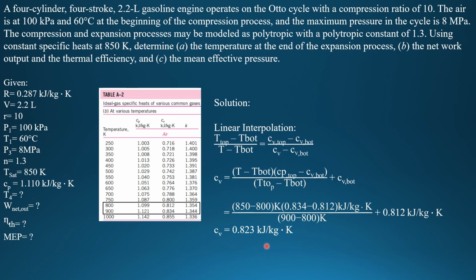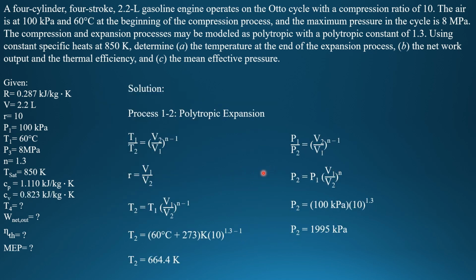And we have here the constant volume specific heat of our Tsat that is equal to 0.823 kilojoules per kilogram Kelvin. Next, we will be finding the temperature and pressure at state 2.